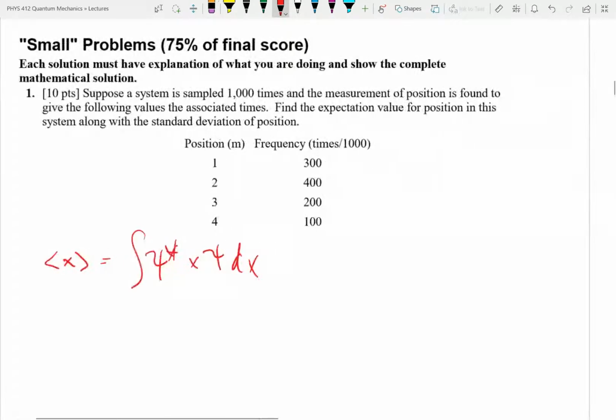But what I can do is the integral of the probability of x times x dx. That's what this expectation value integral actually means. It's the integral of the probability of each value over all space. But of course, this is discrete.